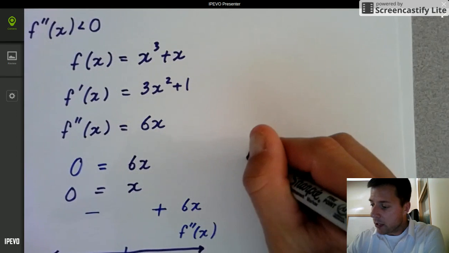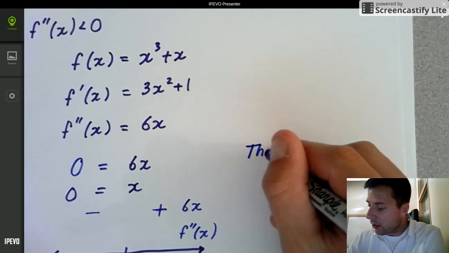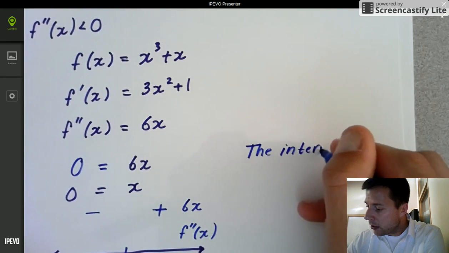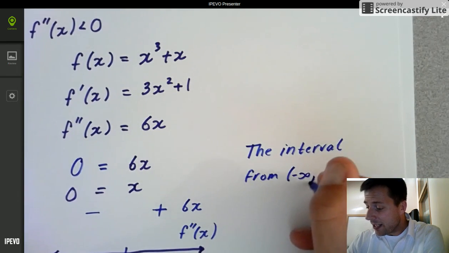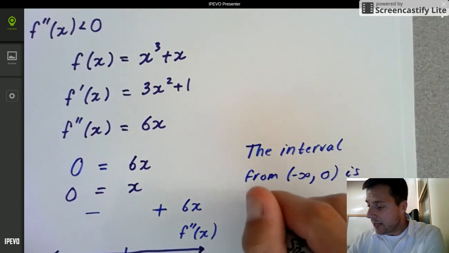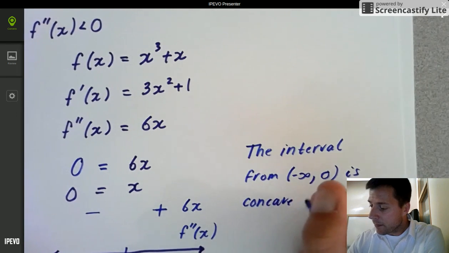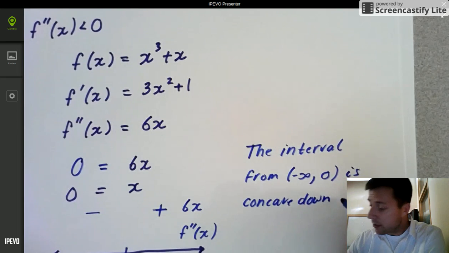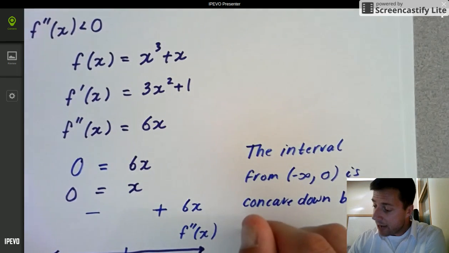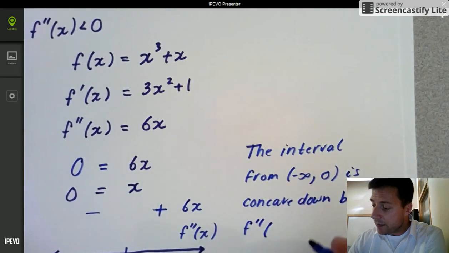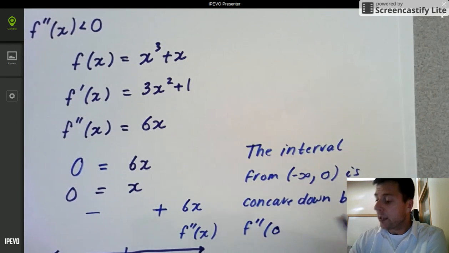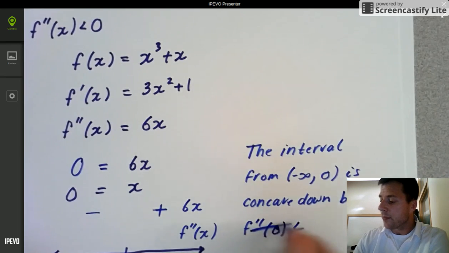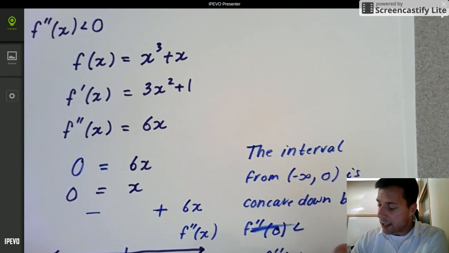So we can go ahead and write the interval from negative infinity to 0 is concave down, because f double prime of x is less than 0 there.